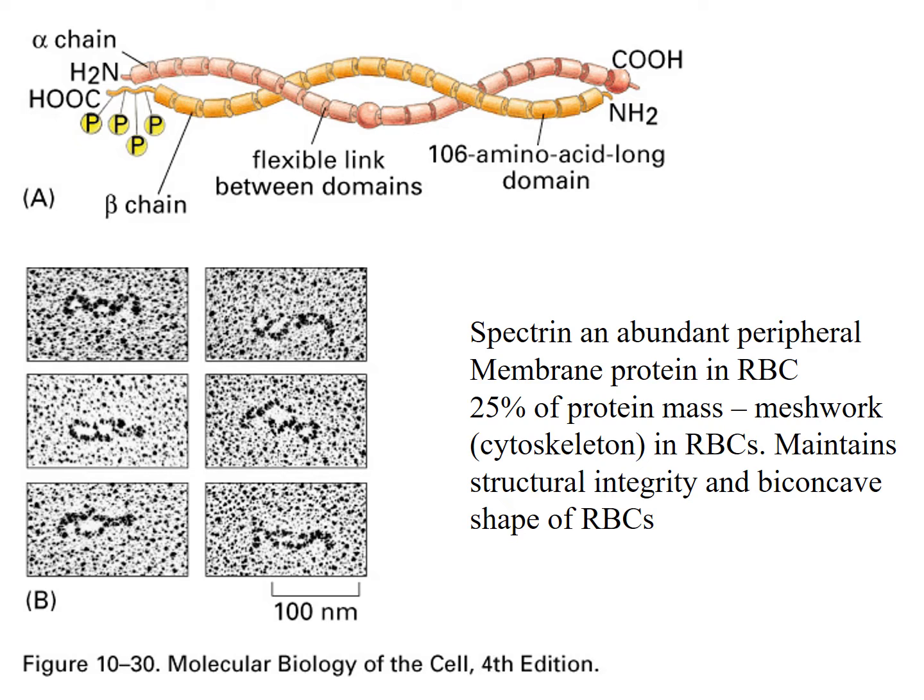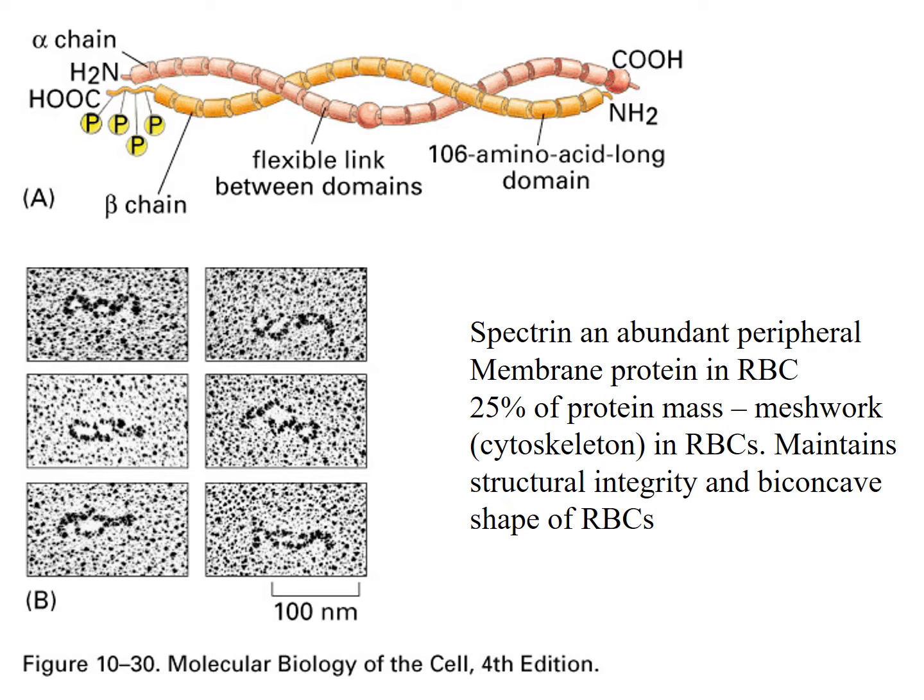The beta has a series of phosphorylations that allows it to dimerize and interact. And they found that the spectrin, alpha and beta, are 25% of the protein mass in one red blood cell. So 1/4 of the proteins in red blood cell are spectrin.